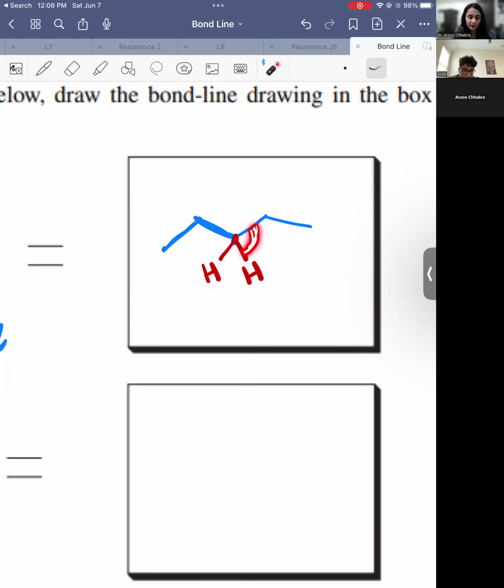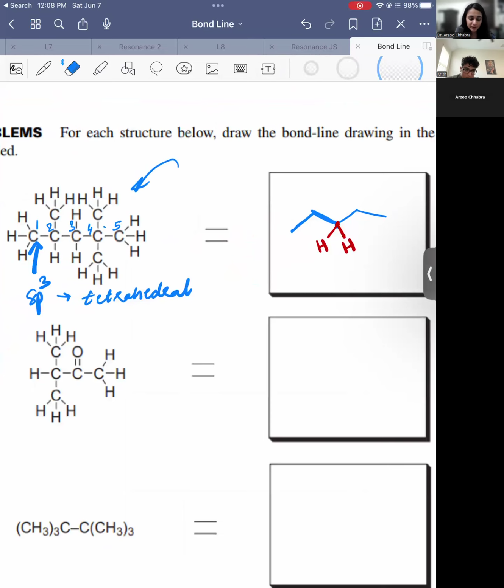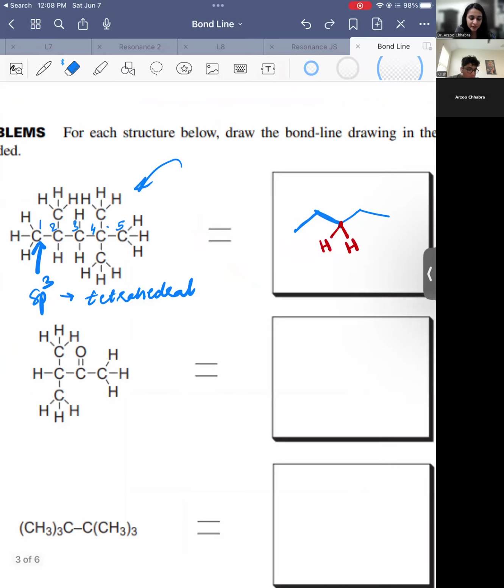To maintain the tetrahedral geometry at every carbon, they show up as zigzagged bonds. And we don't write the hydrogens, so we're just going to eliminate them from here.